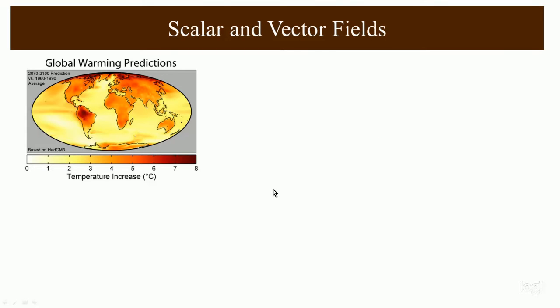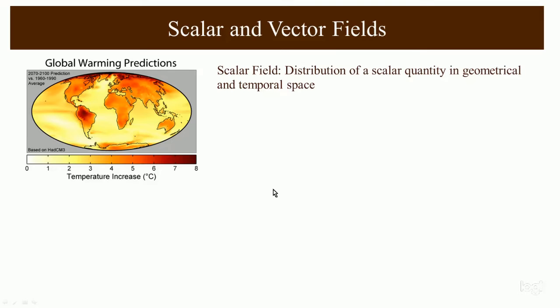A scalar field is the one where you specify a scalar quantity in geometrical or temporal space. For example, one of the scalar quantity might be temperature, and the temperature variation in a space can be specified.